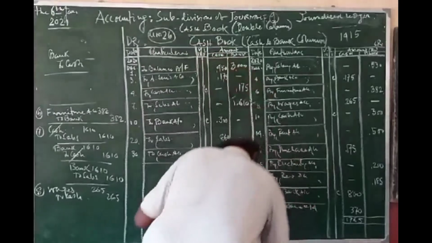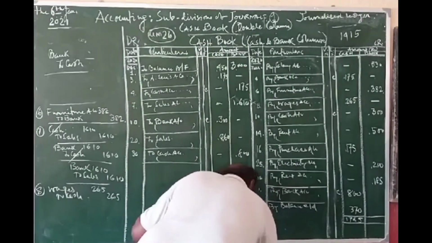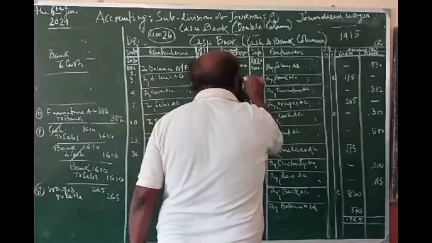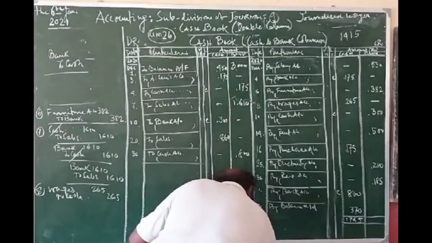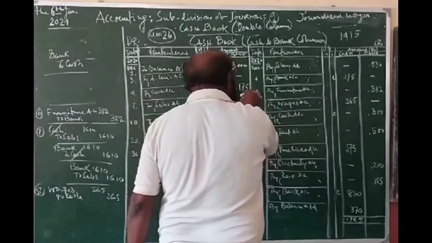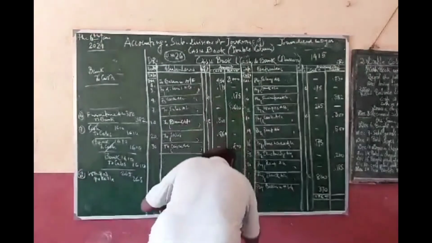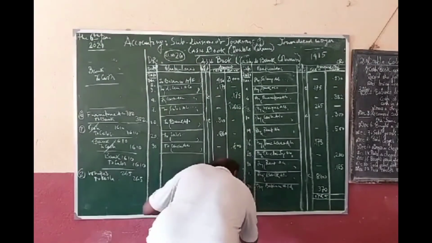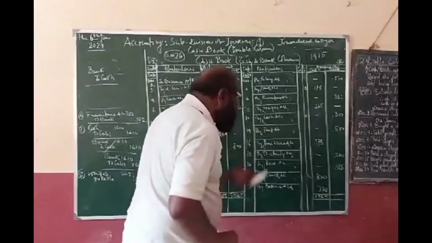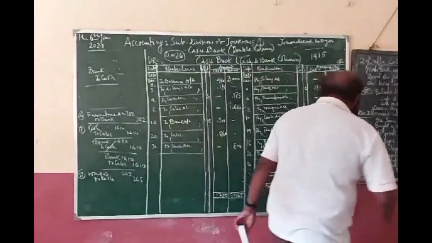Now how much it is? So it is 5585. And what is this? What is the amount?